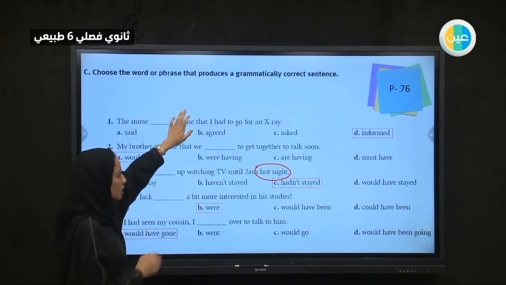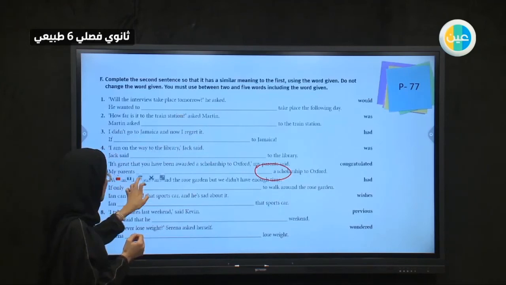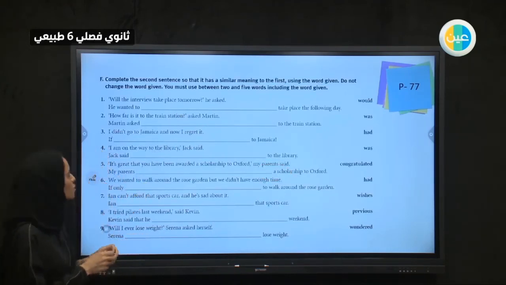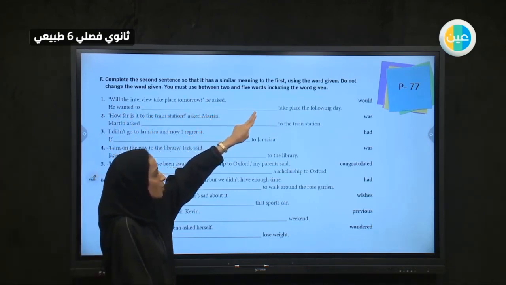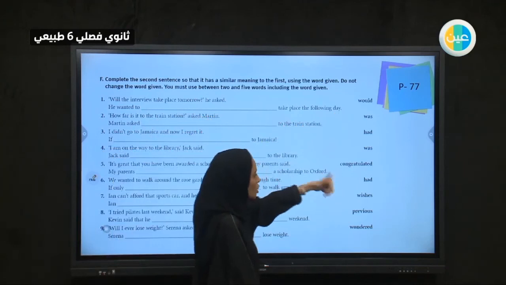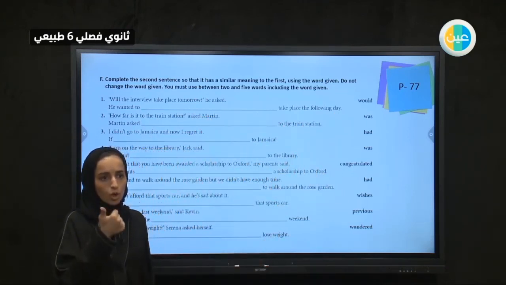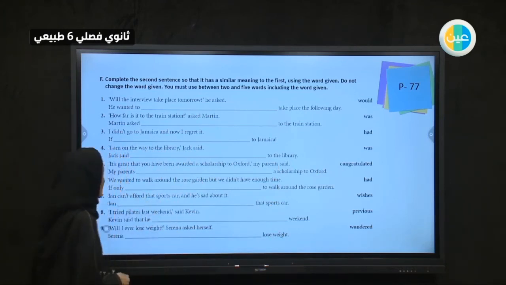What about the other page, page 77? We have another exercise, which is to complete the second sentence with the words given, without changing the meaning. We will report, use the inverted form, and use the unreal past.